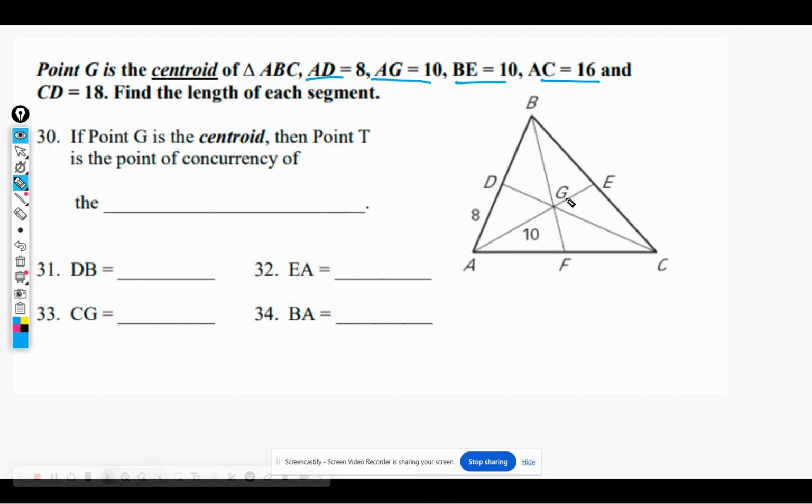AG right here is equal to 10. BE, so this right here is BE, we know that's equal to 10, so we're going to label that 10. AC, which is this whole line here, is going to be equal to 16. And CD equals 18. So that whole line for CD equals 18.